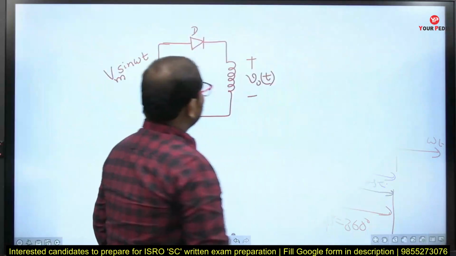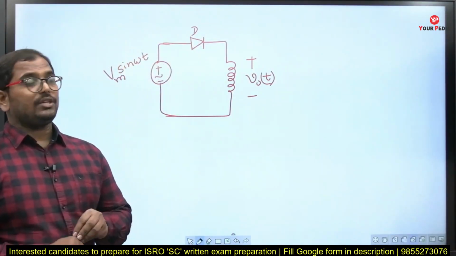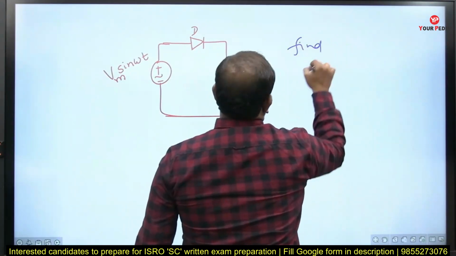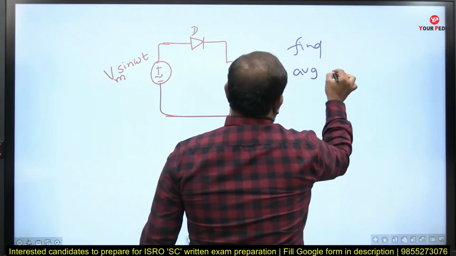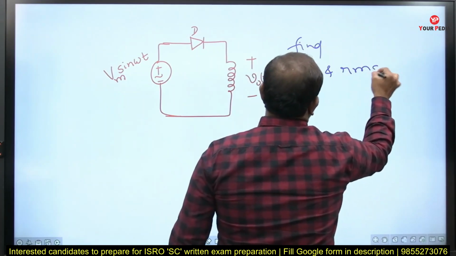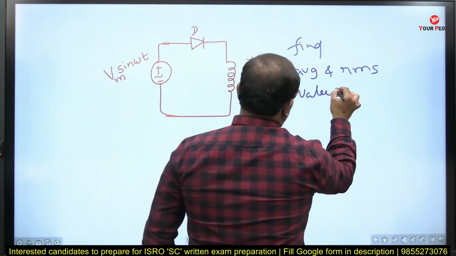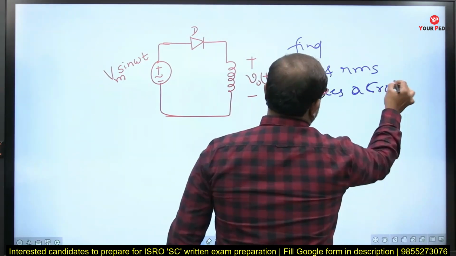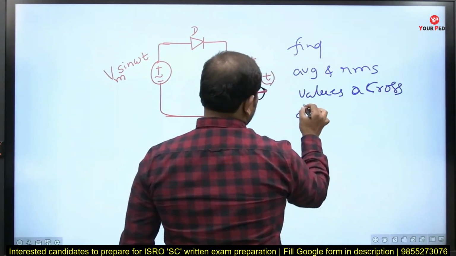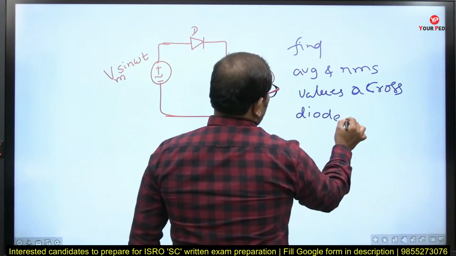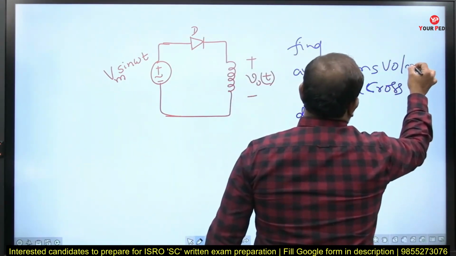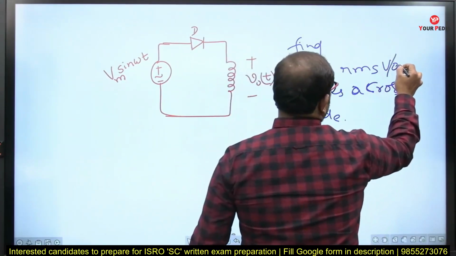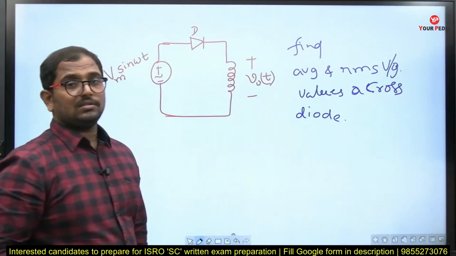Okay, so this is the first question. What is the question? Find the average and RMS voltage values across the diode.